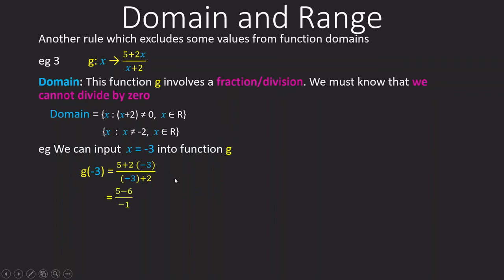Simplifying that, that's 5 plus negative 6, so 5 minus 6, over negative 3 plus 2, that's negative 1. 5 minus 6 is negative 1, so negative 1 over negative 1 is 1. When my input is negative 3, the output from my function g is 1.